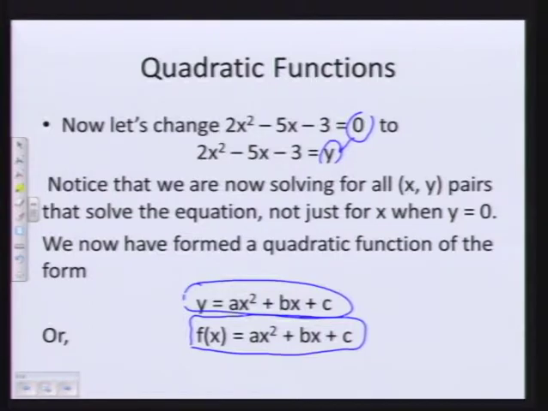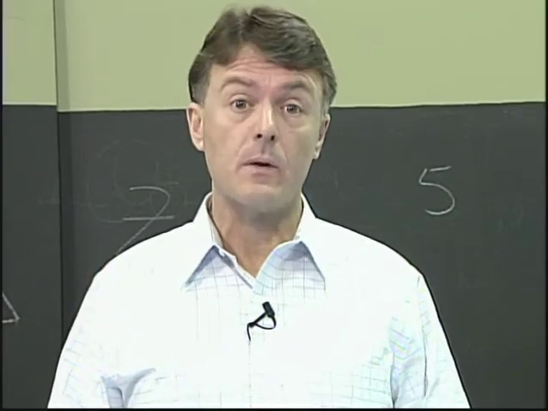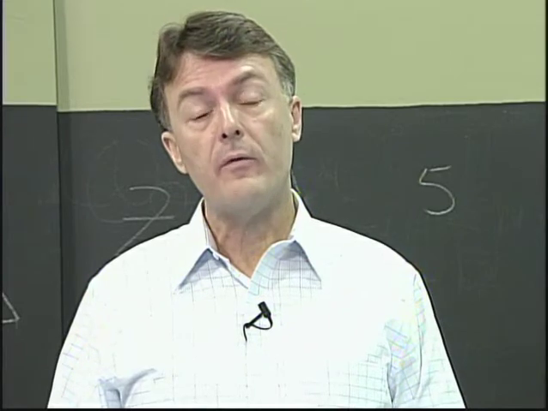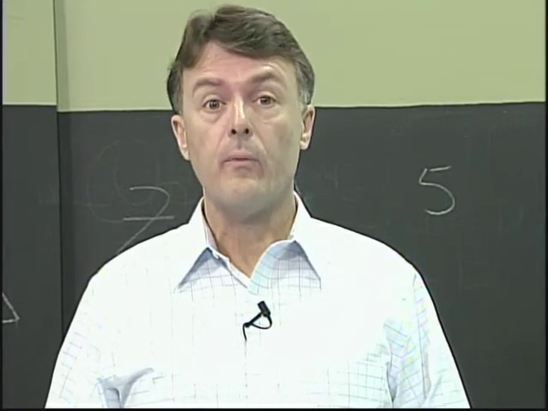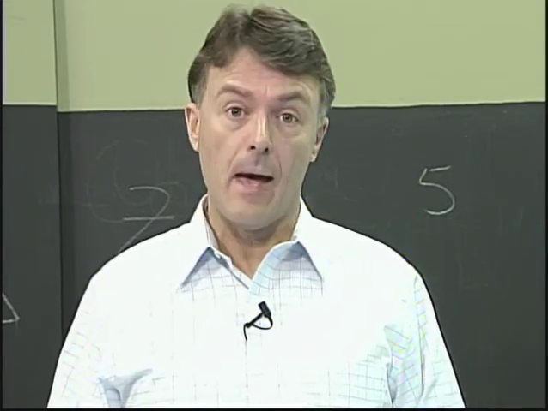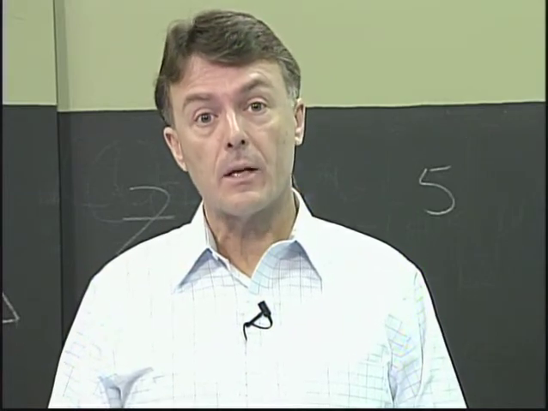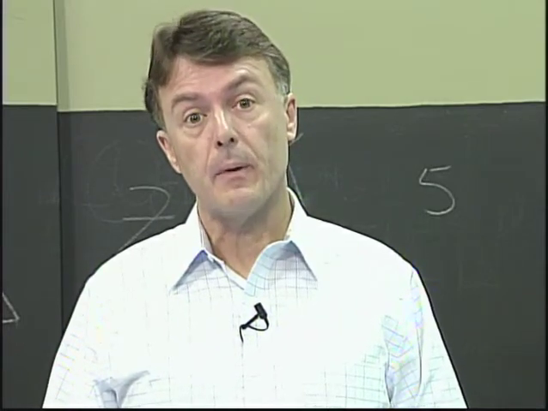And so now we see that we have this definition of a quadratic function. And again, basically we've taken the quadratic equations that we've had in the past that were set equal to 0, and now we've put in there y, or we've put in the functional notation f of x is equal to ax squared plus bx plus c.